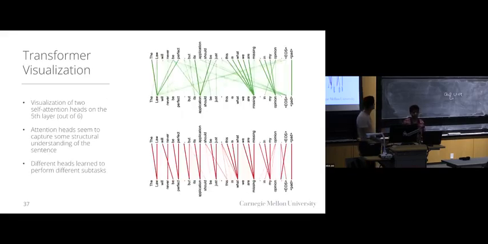Finally, I'd like to show a visualization of the transformer that shows that each of these heads produces something useful and distinct, and each contributes some structural understanding of the sentence. You could imagine that after combining multiple of these and applying the same transformation multiple times, you could learn something very significant.